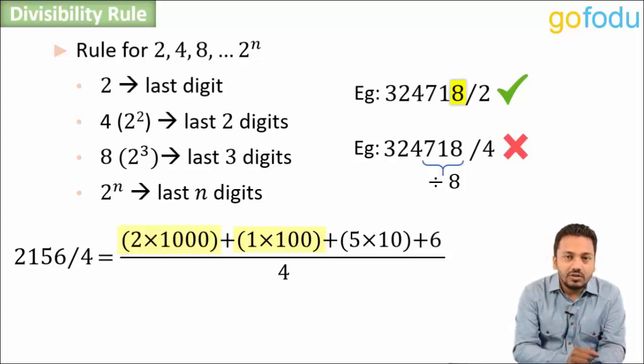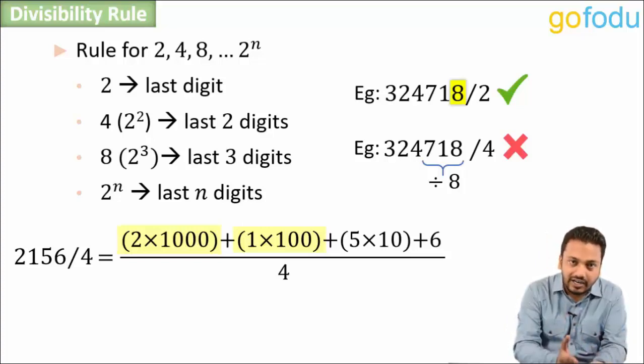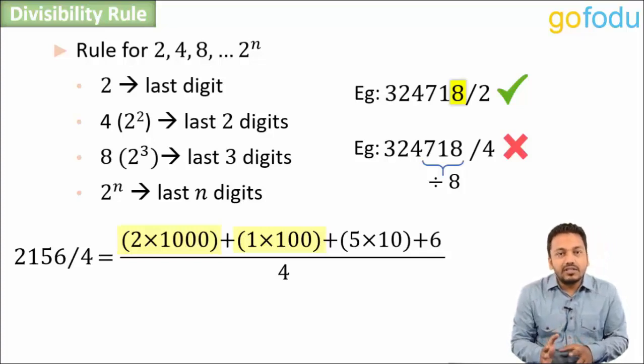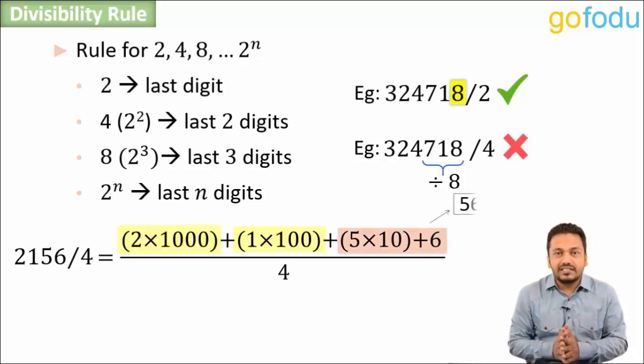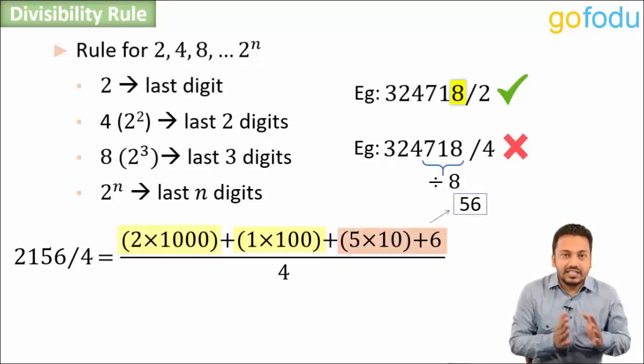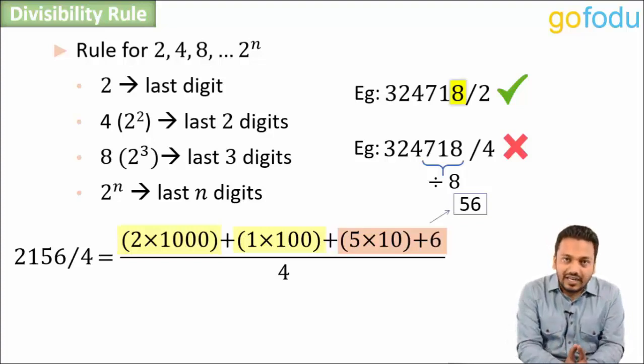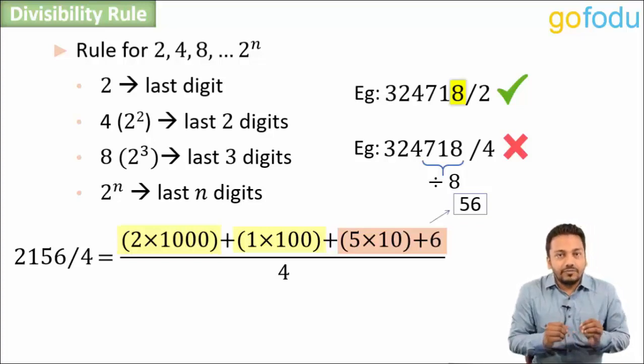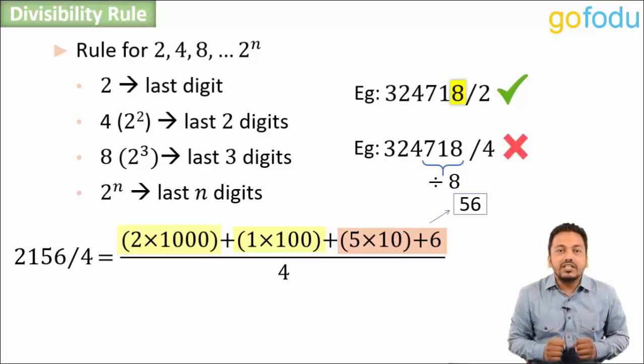Why? Because they have 1000 and 100 that are divisible by 4. Now the only numbers we have to worry about are 5 into 10 plus 6, that is the tens place and the units place. That is the reason we only check the last 2 digits while dividing by 4. Even if there was some different random number, the situation will still remain the same.